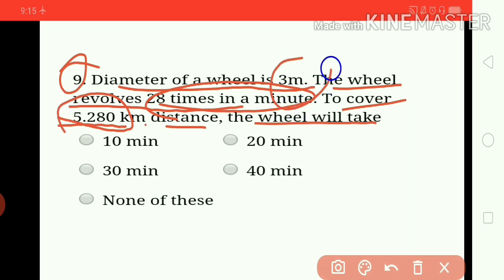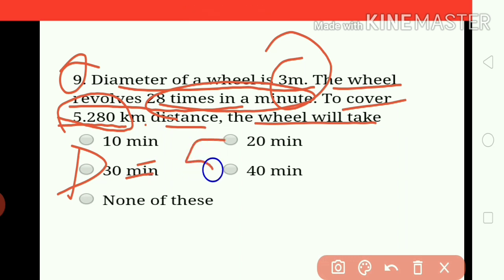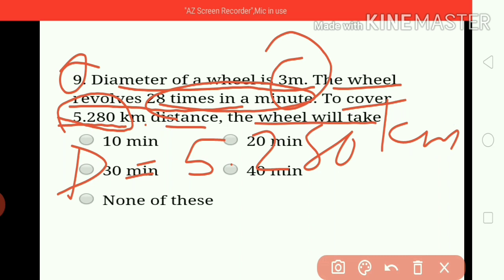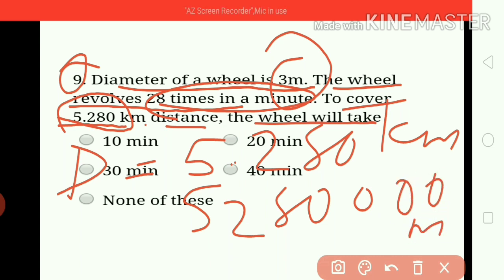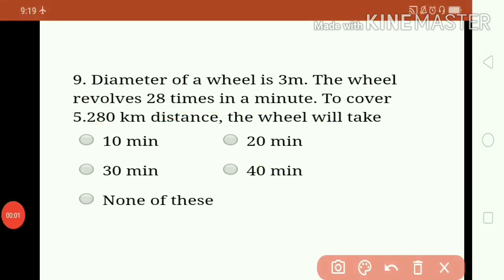We have given the unit in diameter is in meters, so convert this kilometer into meters. We will get the distance that we will cover, 5.280 kilometer. To convert it into meters, we will multiply it with 1000 and it will place 3 zeros. Now it is converted into meters. We will leave 1 2 3 places for the decimal, and this is 5280 meters now.